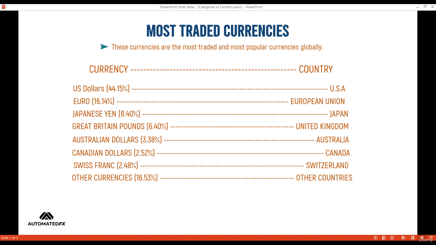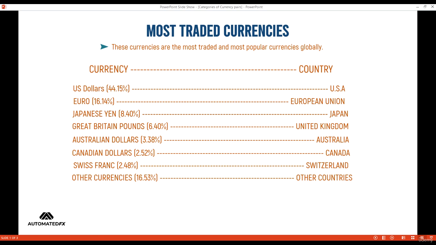So I have this on my screen right now, and it says most traded currencies. These currencies are the most traded and most popular currencies globally. We have a list of currencies here with the countries or regions they are associated with, and also this percentage value, which is how much this currency is used for global trade.